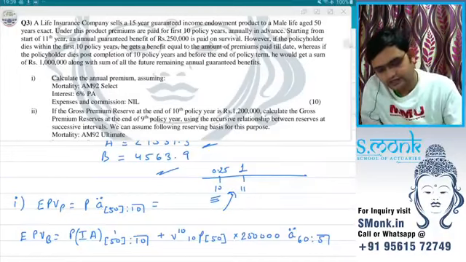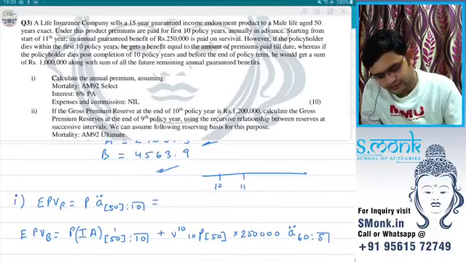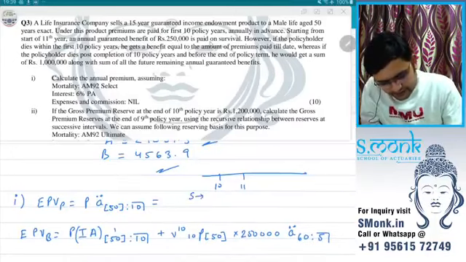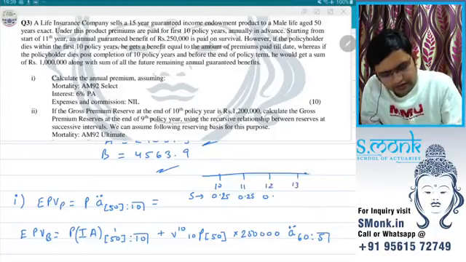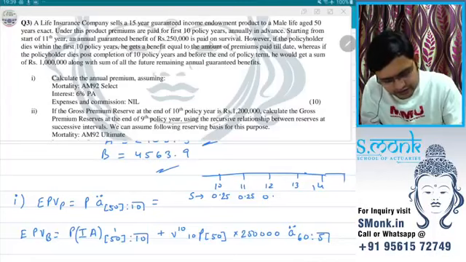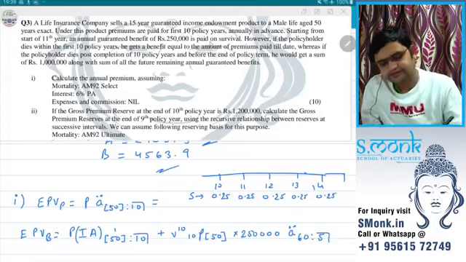So again, I'll just write it. The survival benefit that was supposed to be paid was 0.25 at the beginning of each of years 11, 12, 13 and 14. This is what was supposed to be paid.